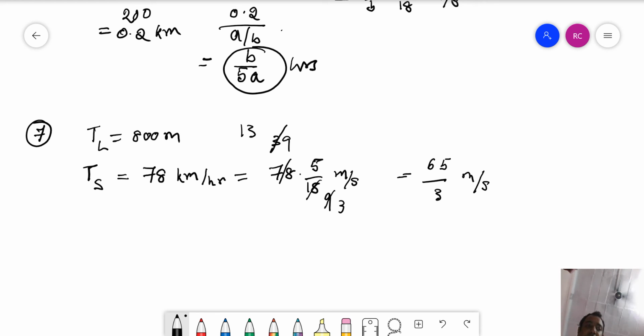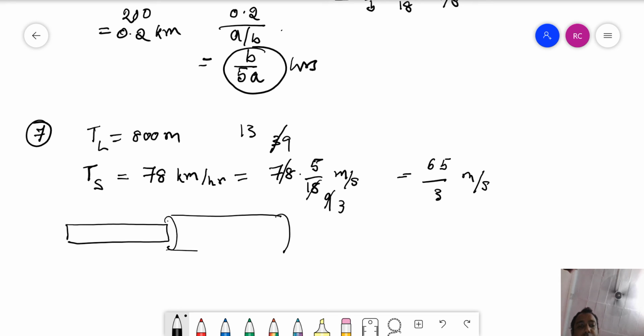Now it crosses the tunnel in 1 minute. So when the train crosses the tunnel, the front of the train will pass, and the end of the train will also pass. Only then can we say that it has crossed the tunnel, right?